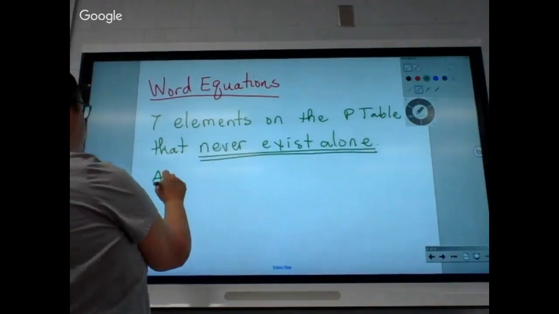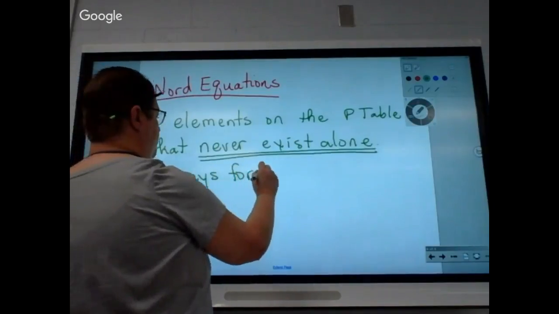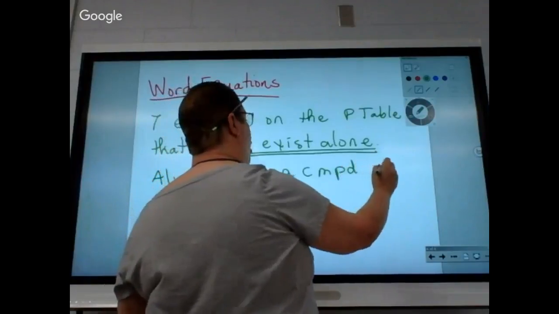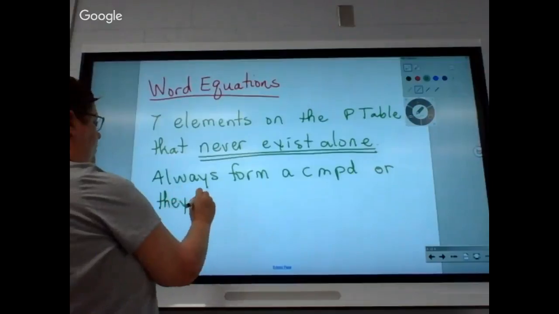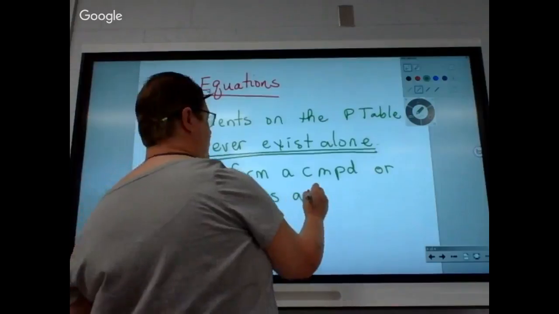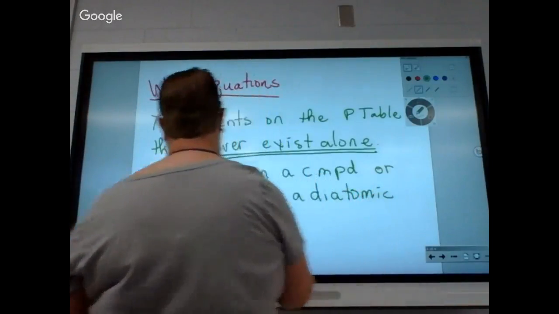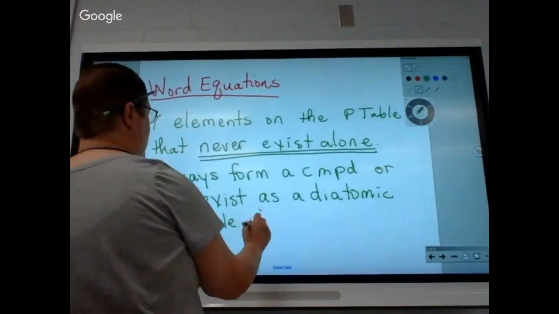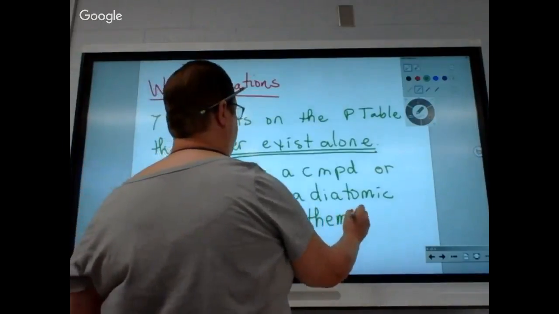They always form a compound or they exist as a diatomic molecule if by themselves.